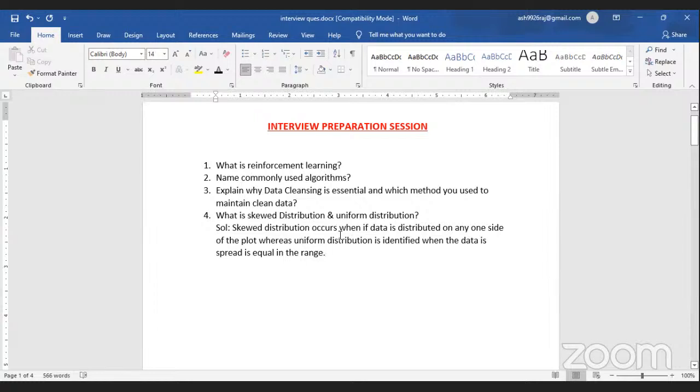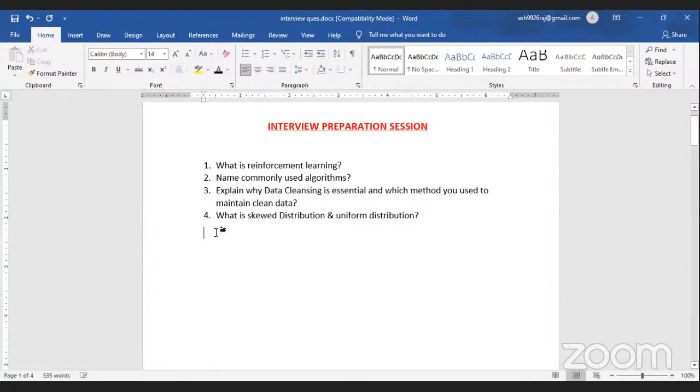These are the skewed distribution and uniform distribution. So now move to our next question.